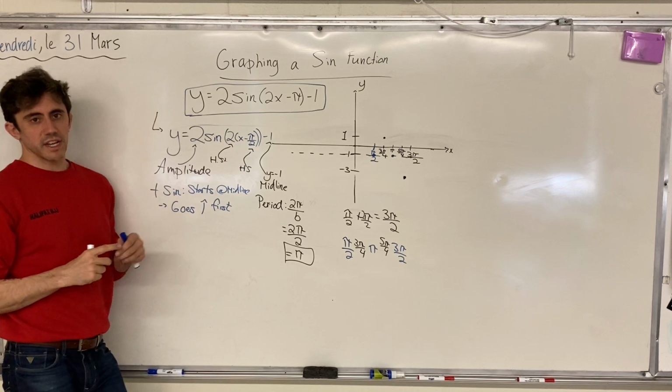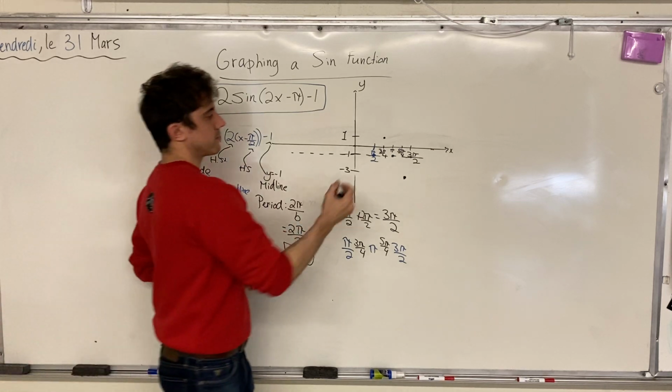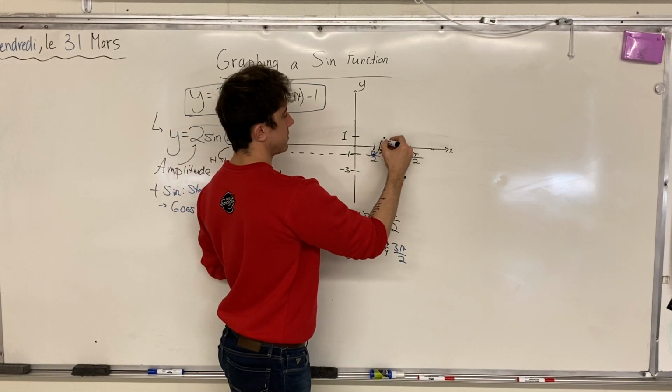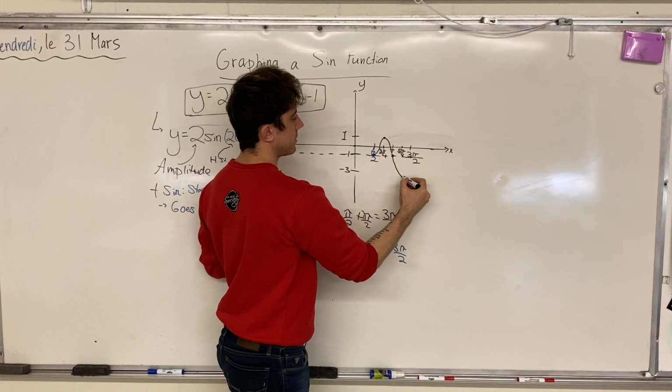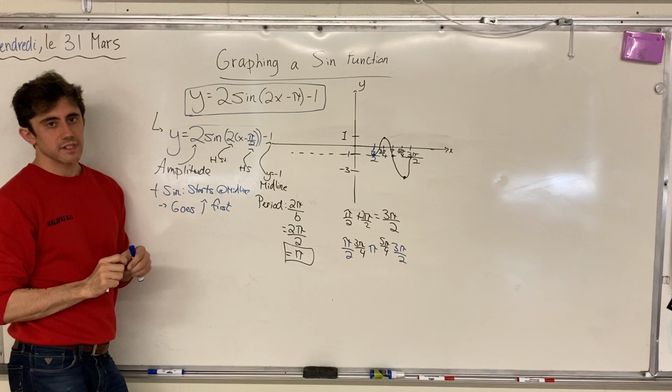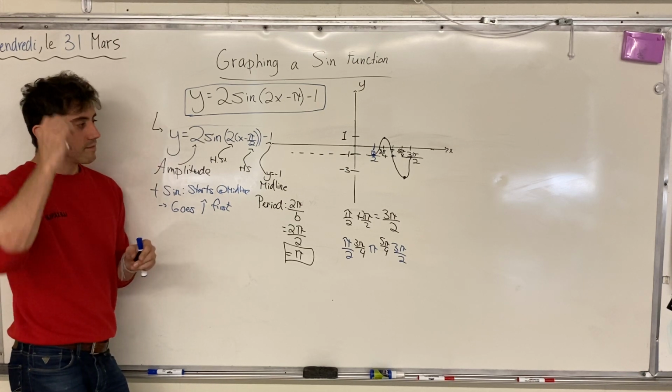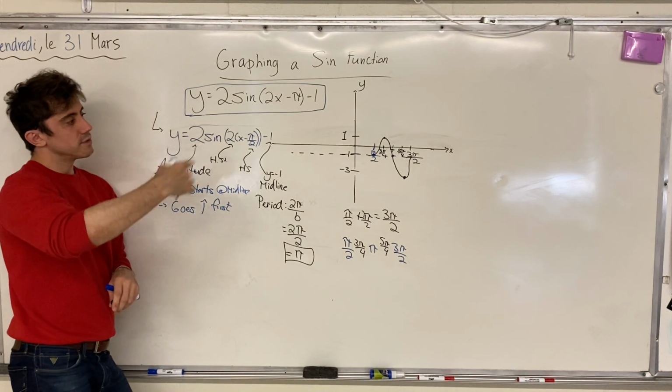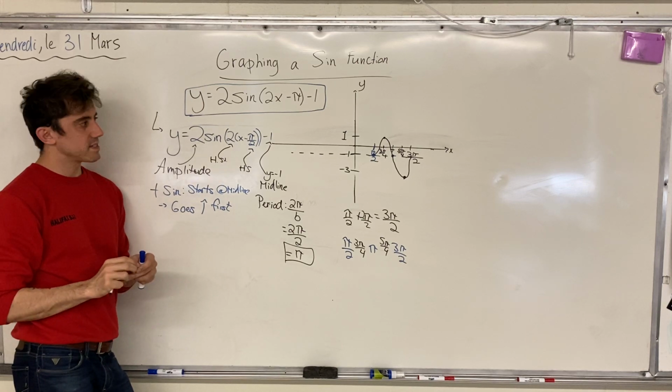And then you can start to see the shape coming out of the graph. So we can trace a curve through it, something that roughly looks like a sine function. And there we have our first cycle of our sine function, okay? From then on, you could do several cycles worth if you're so inclined.